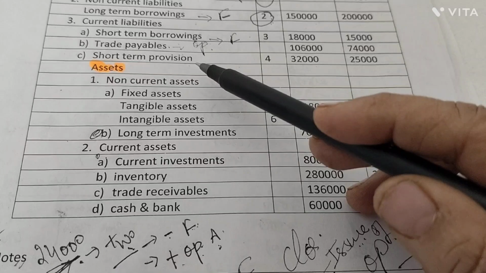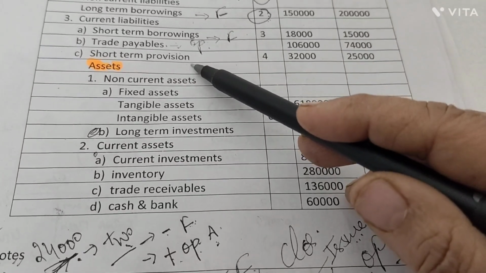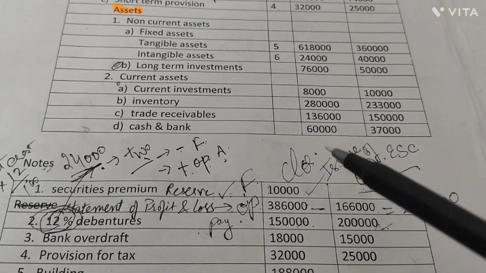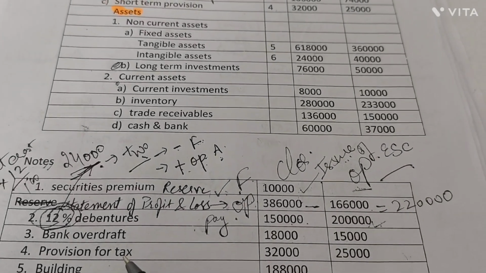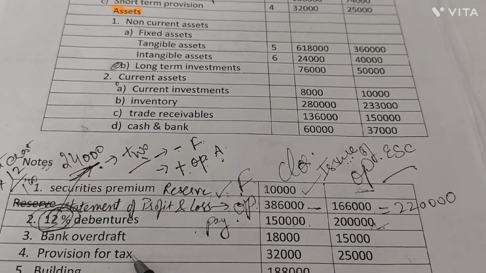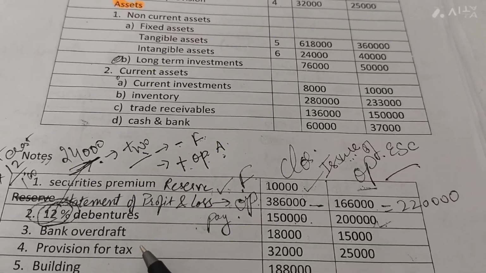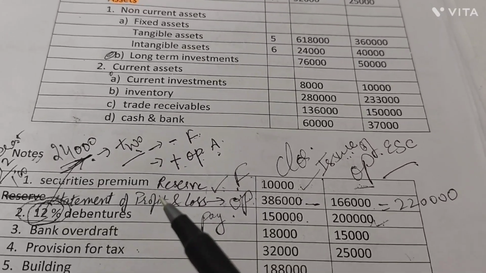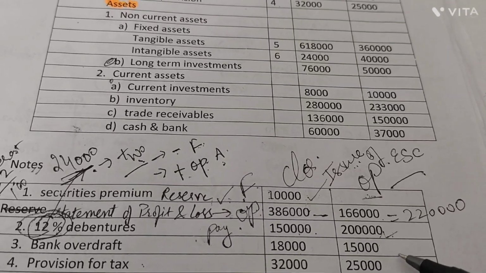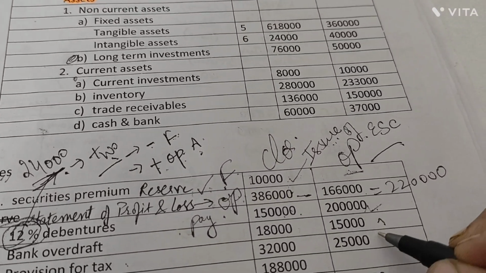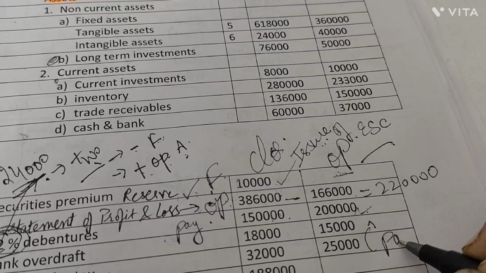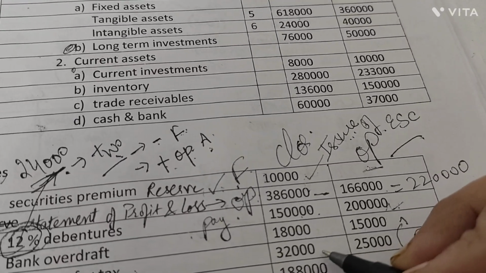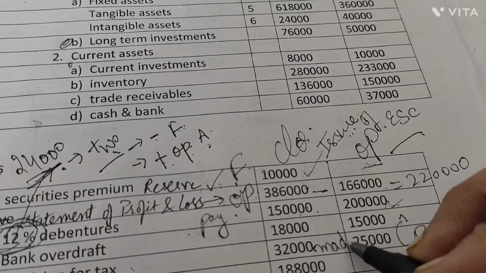Next point is short term provision. He is talking that in the notes to account, it is point number 4. Let's go to point number 4. Short term provisions were for provision for tax. Now for provision for tax, when no other point is given here, in that case we will take that the opening balance of the tax would have been paid, and the closing balance would have been made, right?